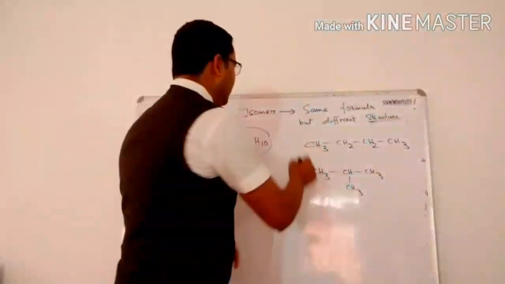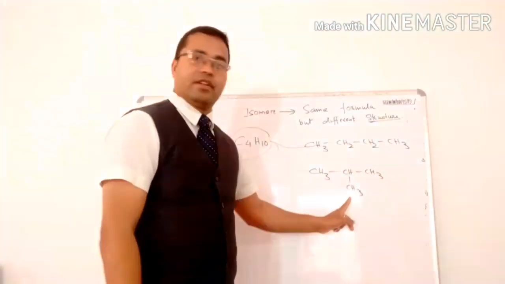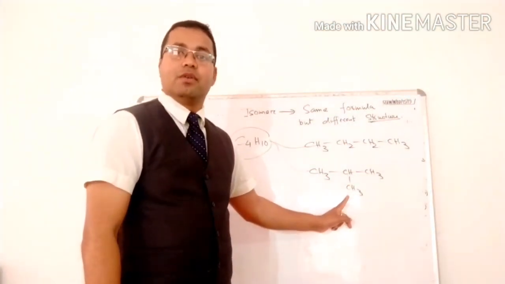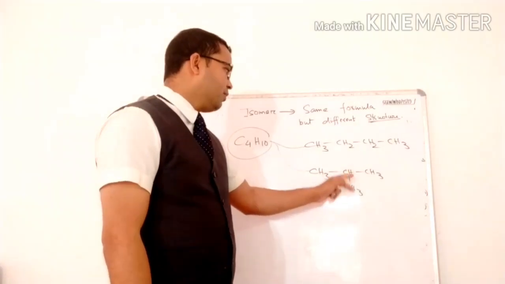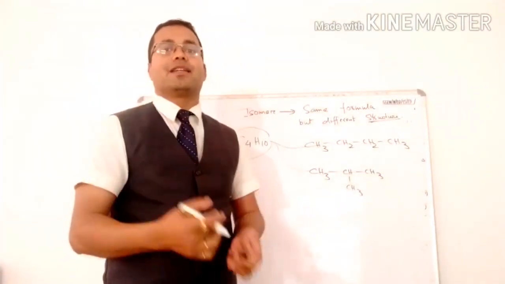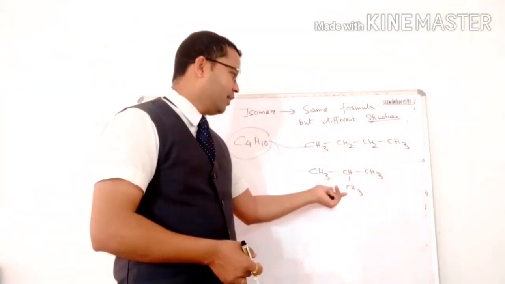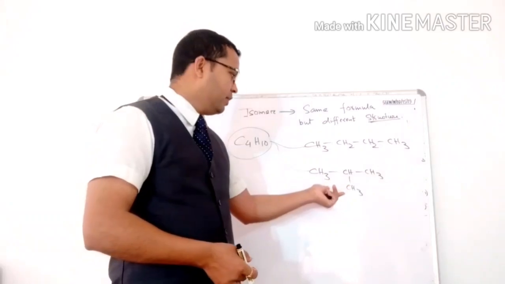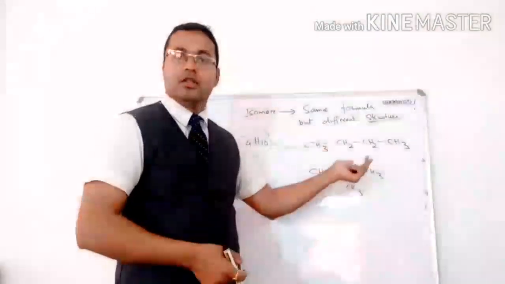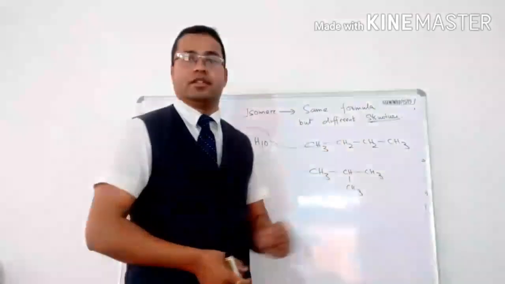Here both have the same formula, but the structure is different. Here one branching is there. In organic chemistry, the more branched, the less boiling point. So this will have a lower boiling point, it will be less stable, and this one will be more stable. So properties are different, but formula is the same, because structure is different.